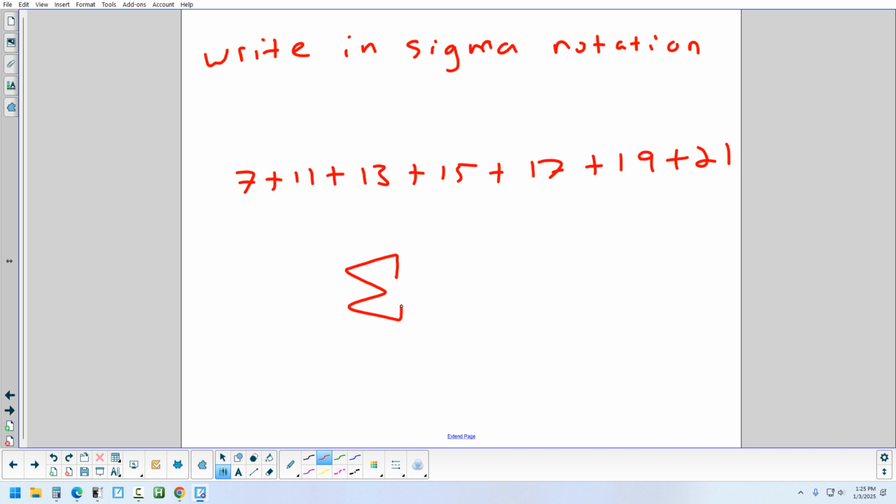The bottom would be k equals 1. Okay, so we're going to start with a 1. And we're going to stop by plugging what number into a formula? 7. A 7. So now we have to figure out a formula that when you plug in 1, you get 7. When you plug in 2, you get 11. 3, you get 13, and so on.